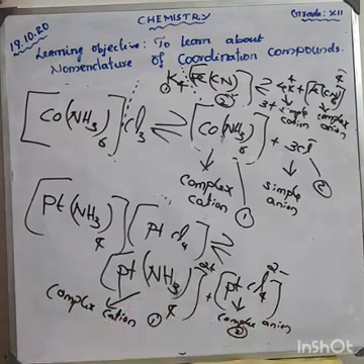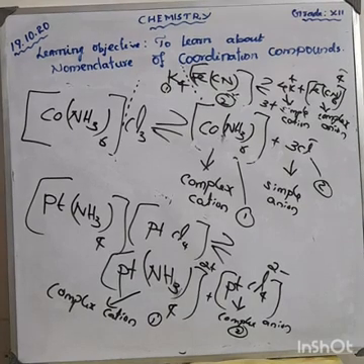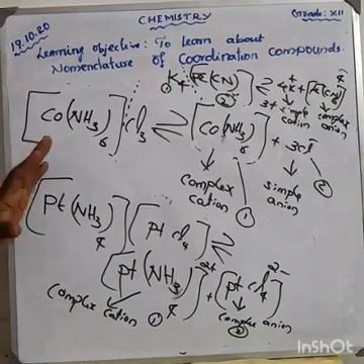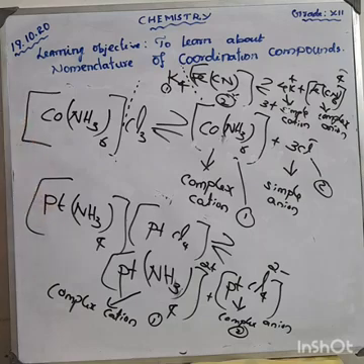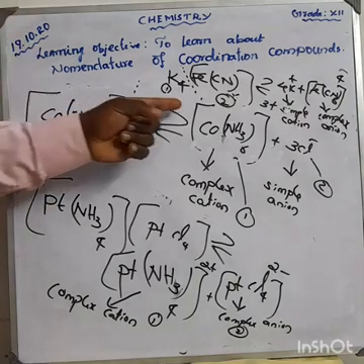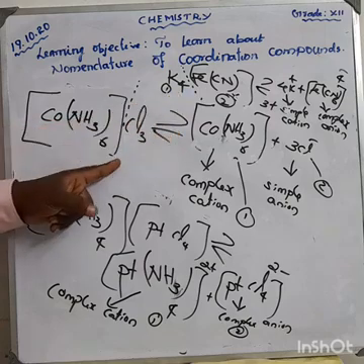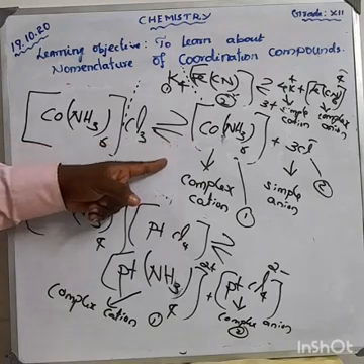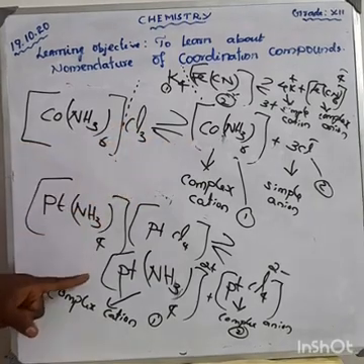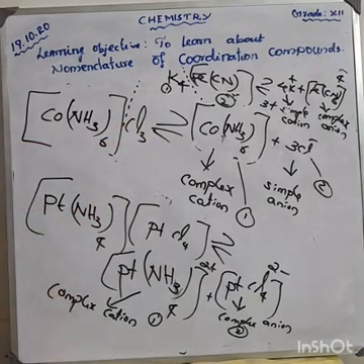This is the condition. Clear? Can you understand? What is the first rule? You should name the cation first. For the first equation it is the simple cation, the second equation the complex cation, the third equation the complex cation.